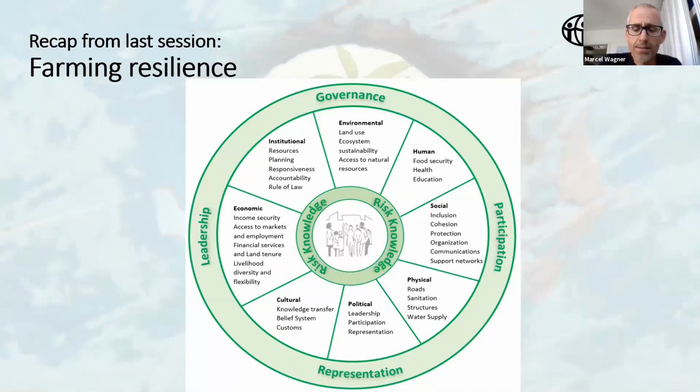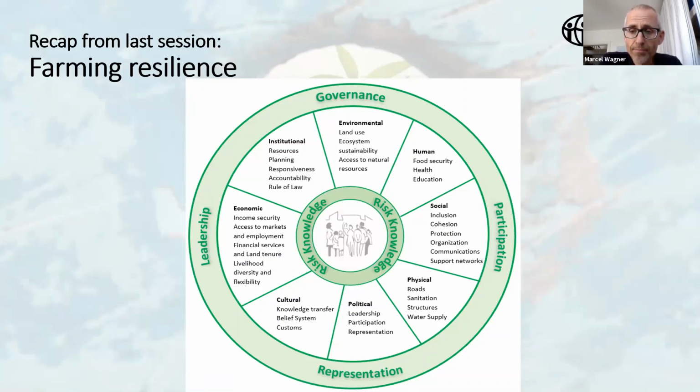What we presented last time was first the framework for resilience forming. Here you see the wheel, that is the guiding framework. Around it is the frame, which comprises governance, participation, representation, and leadership.